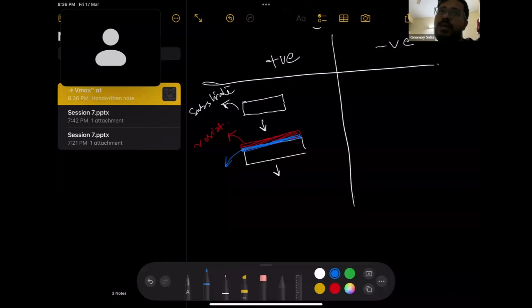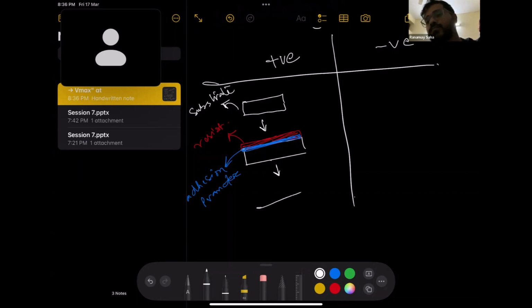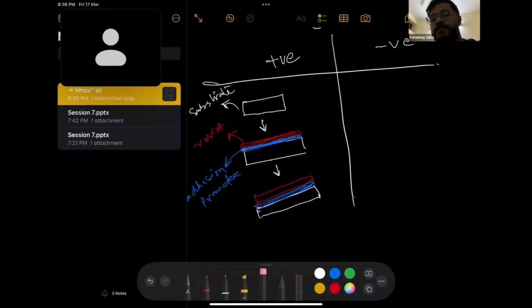So this is nothing but an adhesion promoter. Once you have done that, you need to do the patterning. Okay. So this is your substrate, this is your adhesion promoter layer, and on that you have your spin coated layer. Okay.